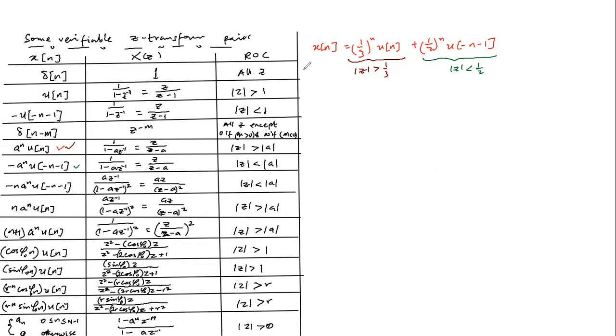So once we plug in the negative sign, it means we're going to have 1 over 1 minus 1 over 3 z, minus, because minus times plus is minus, 1 over 1 minus 1 over 2 z.